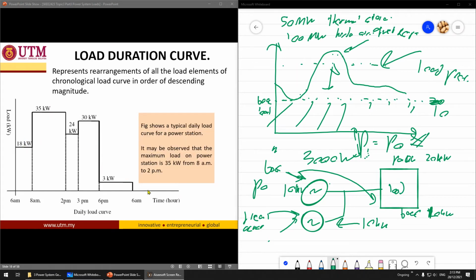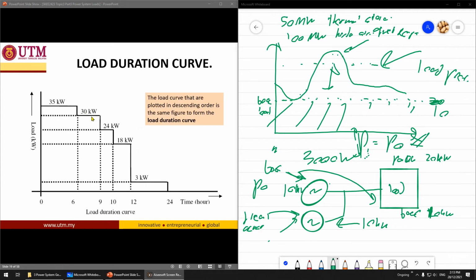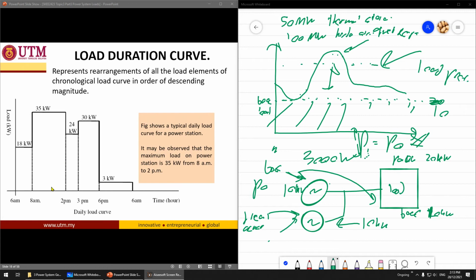So you sort it in descending order, and then you look at the time and find the duration. You can see here, this is 2 hours, this is 6 hours, this is 1 hour, this is 3 hours, this is 12 hours.